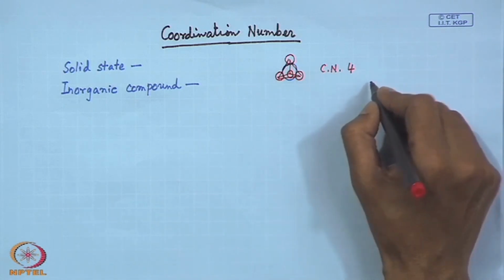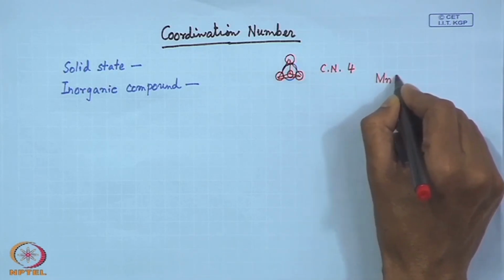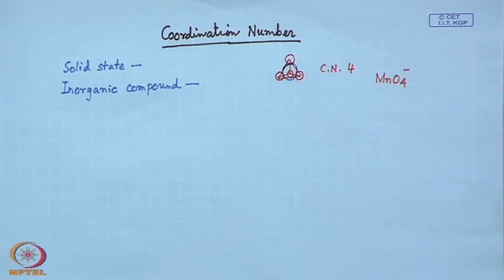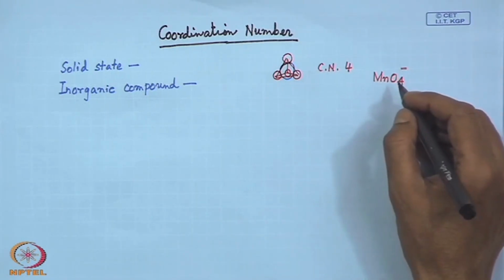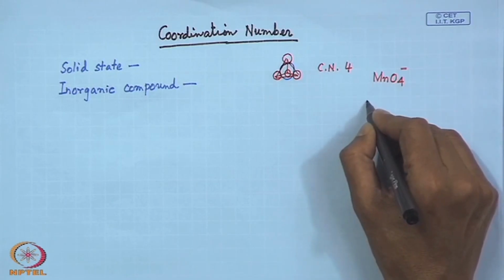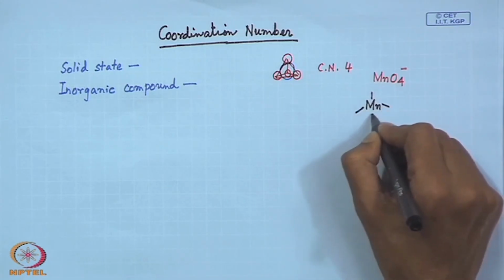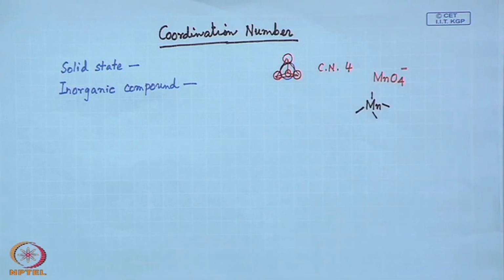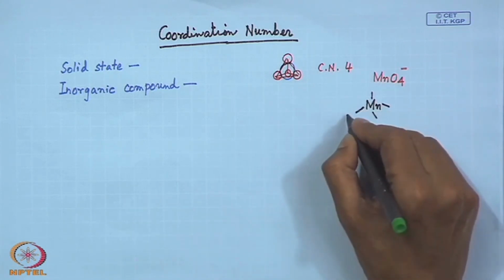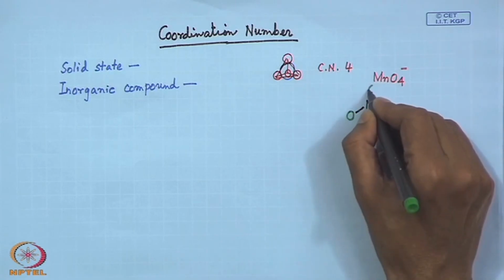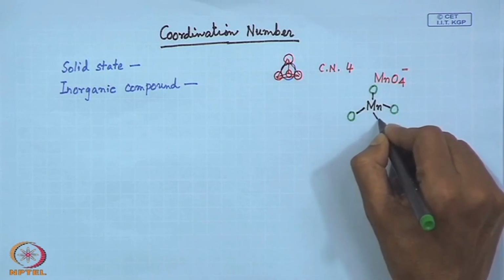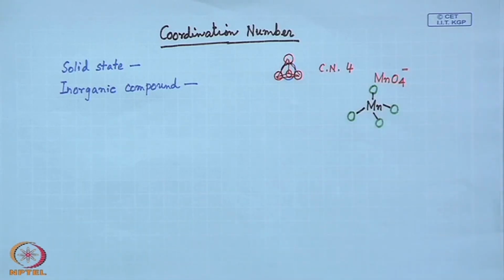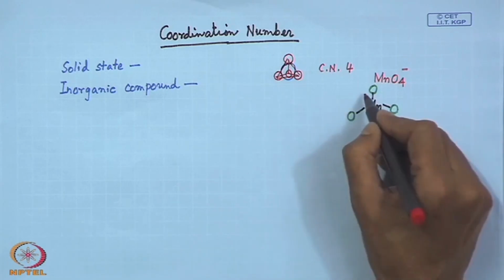Similarly, the simple species like the corresponding inorganic anionic species such as permanganate anion, we all know that KMnO4, when dissolved in water, we get MnO4 minus, and in that particular case that manganese center, which is in +7 oxidation state, is bound to 4 oxygen atoms, and again in a typical tetrahedral geometry.